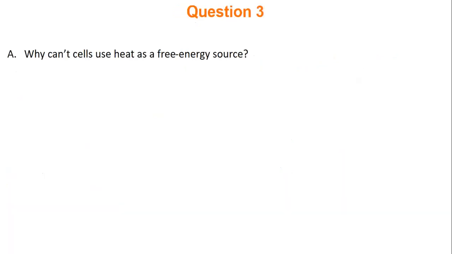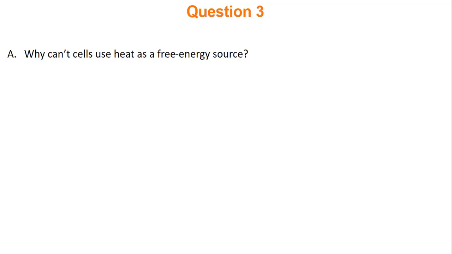So here's a question, one I didn't talk about yet, but this is one of those critical thinking questions. See if you can think outside the box and connect everything you've learned from your various hours of studying different subjects. Why don't cells use heat to do things?